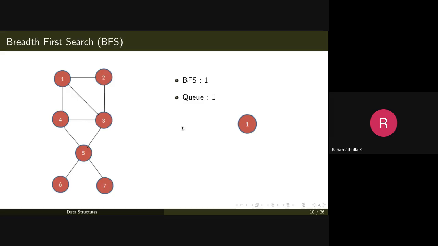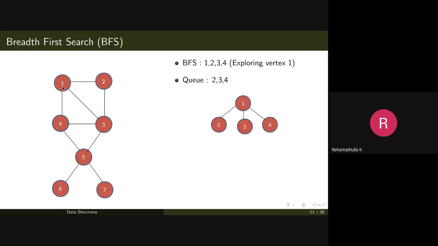Then we can run this procedure iteratively. Now we delete the element from the queue and find all the adjacent vertices connected to this vertex. Then we repeat the procedure again and again. So let's see that.